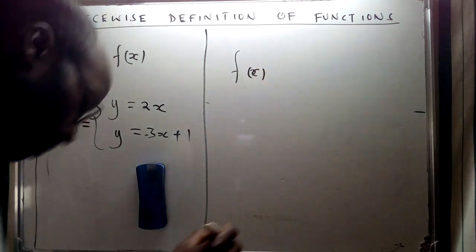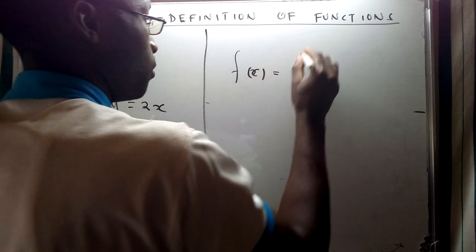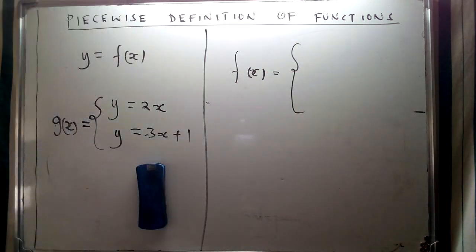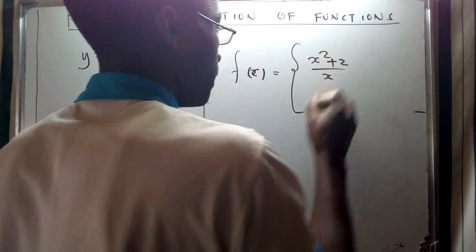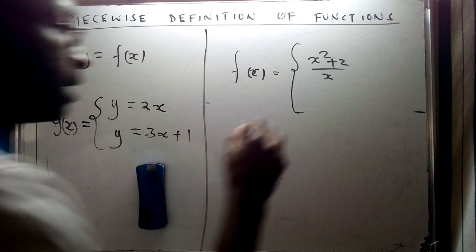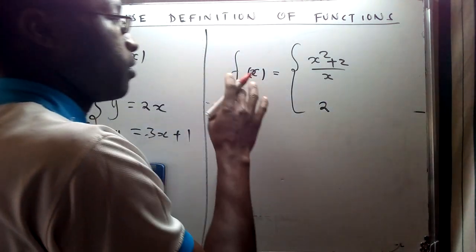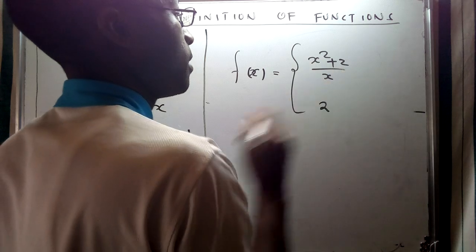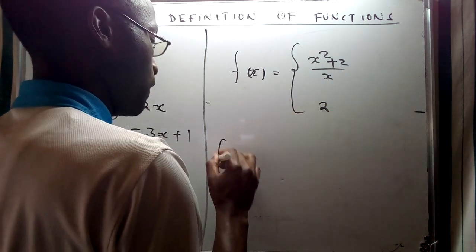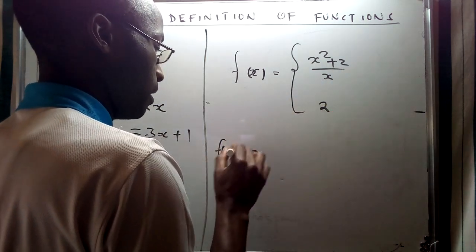The function f of x can be represented by 2 functions: x squared plus 2 all over x, and another one which is 2. So f of x is equivalent to x squared plus 2 over x, or f of x is equivalent to 2.